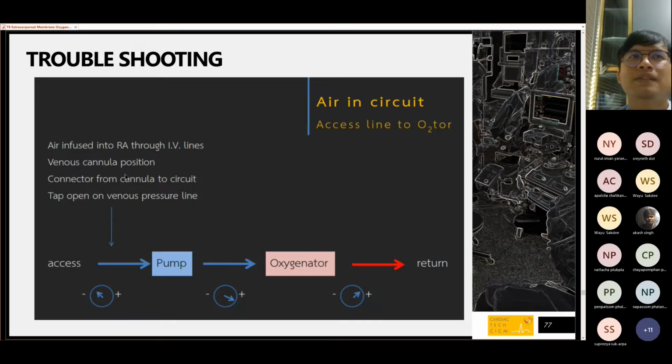Other causes are venous cannula positions, venous cannula cracking or leakage, the connector between the cannula and the circuit, and the venous pressure line. Yeah, so this is the cause of air entry in the negative part.